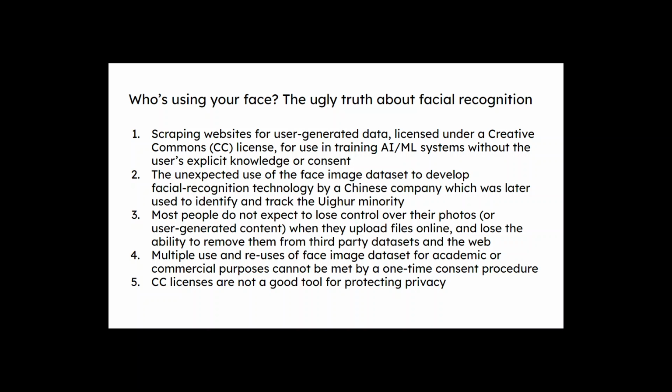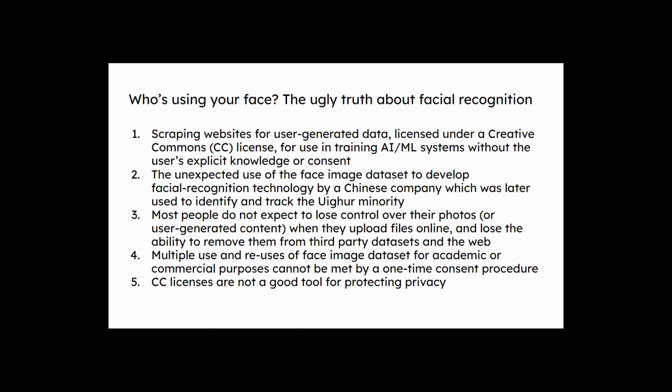It's talking about the fact that websites do get scraped, and what really happens with all this user-generated content that gets uploaded. As you can see with the first point, a lot of this user-generated content, or UGC, is under a Creative Commons license, or CC license.